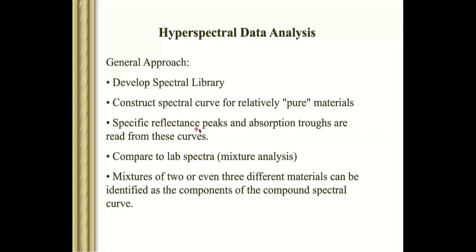Once we have peaks and absorption, we can do spectral analysis, compare with the lab spectra taken in your lab, and try to match. Wherever there is a high matching between the two spectra, we can say that mineral exists in that area.